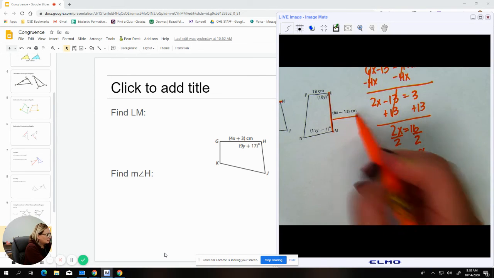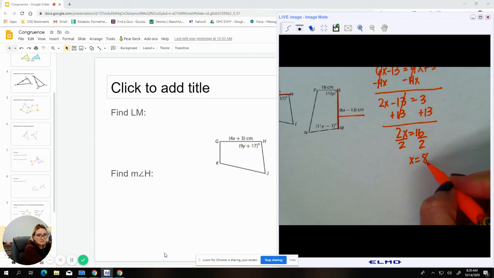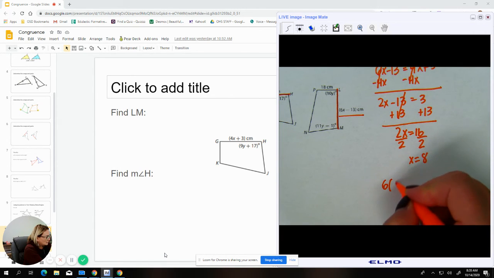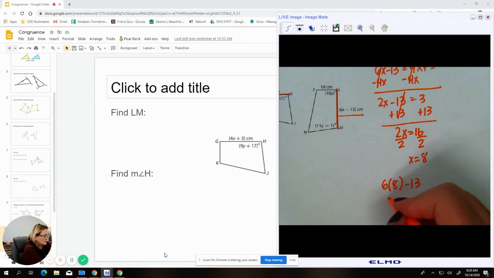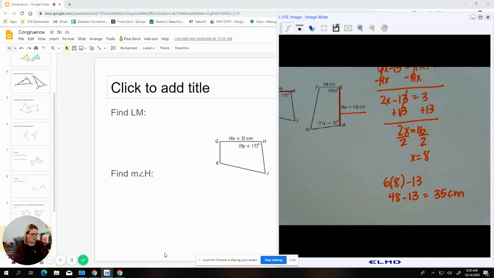The side length is 6x minus 13, so we need to plug this x value in. So 6 times 8 minus 13. 6 times 8 is 48. Minus 13 is going to be 35 centimeters is going to be the length of LM.